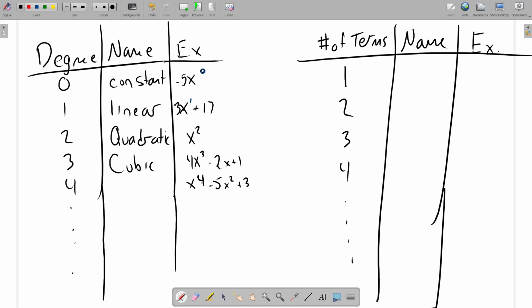If the degree of this polynomial is 4, we can call this a quartic. Now, some textbooks, depending on what book you're using in your class, might call this a polynomial of degree 4. If there's a 5th degree polynomial, we could call it a quintic.